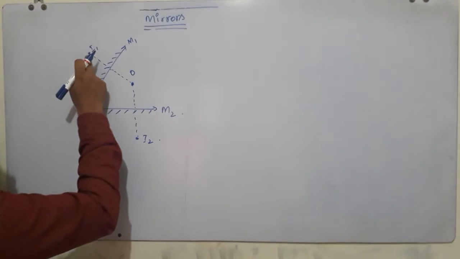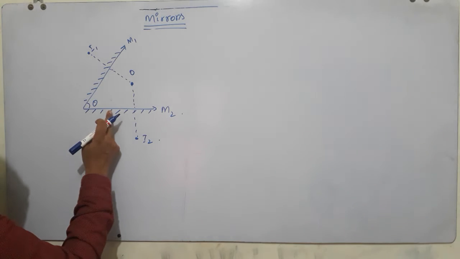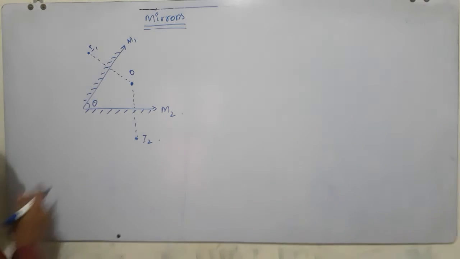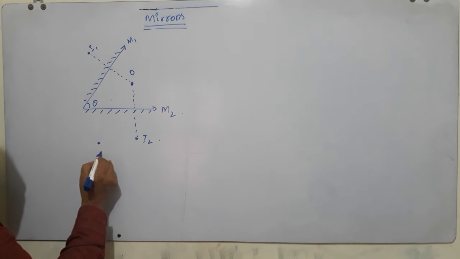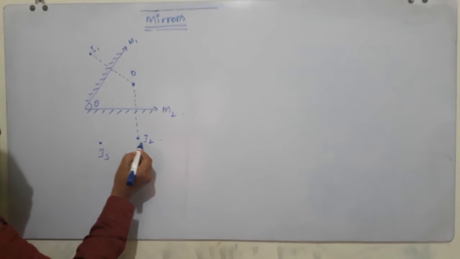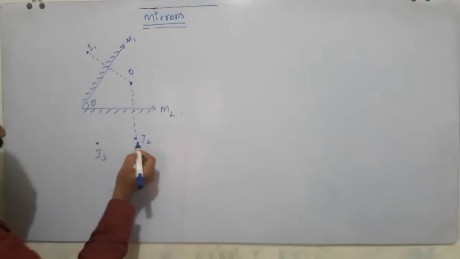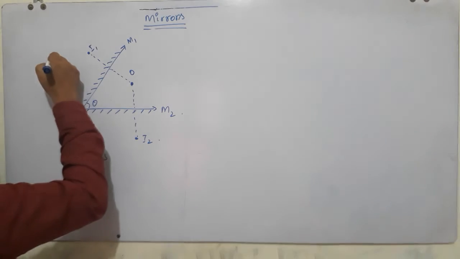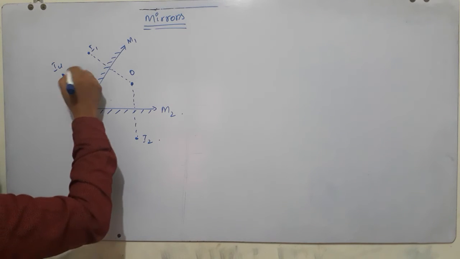And this I1 will act like an object for mirror 2. That object is a virtual object. Then you will get another image, I3. Simultaneously, I2 will act like a virtual object and it forms another image I4, just like this.